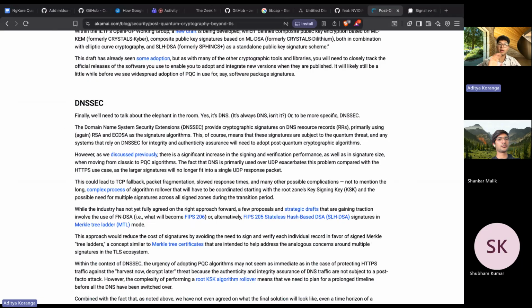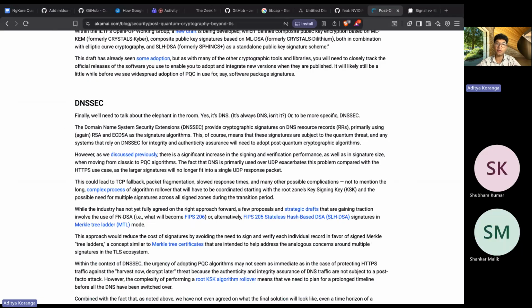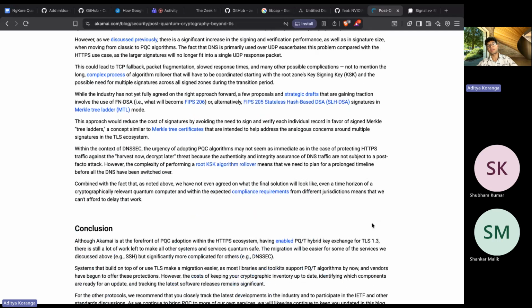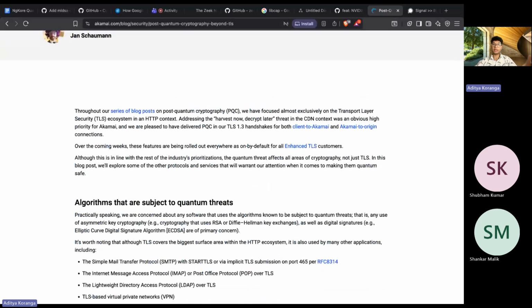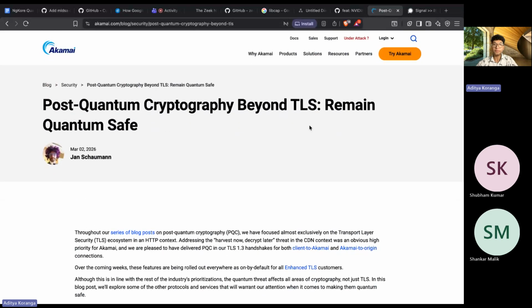It's similar but different. I hadn't heard about Merkle tree ladder for DNSSEC, so for me also this is something very new. So this is how their conclusion was. They are trying to go beyond TLS and cover other protocols also, and this is really informative.